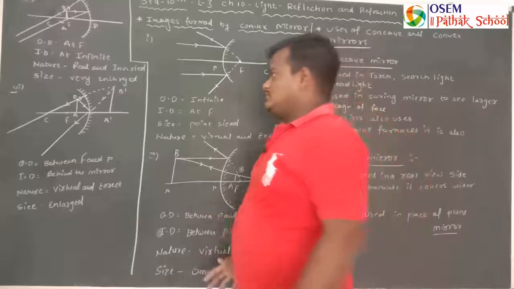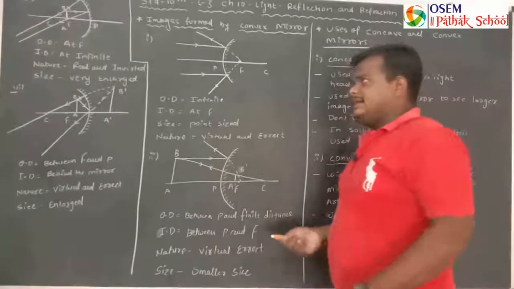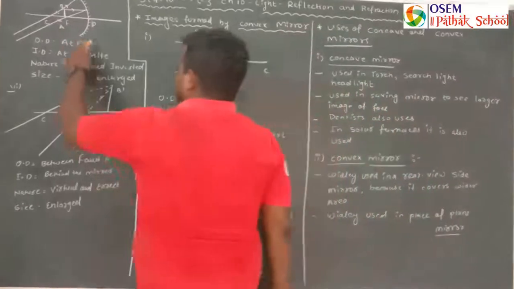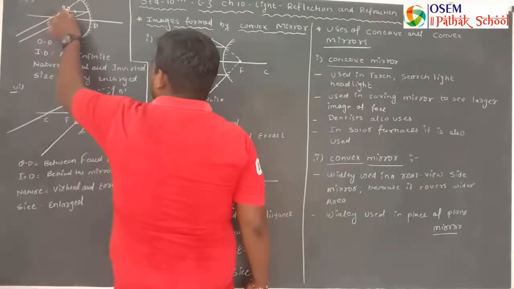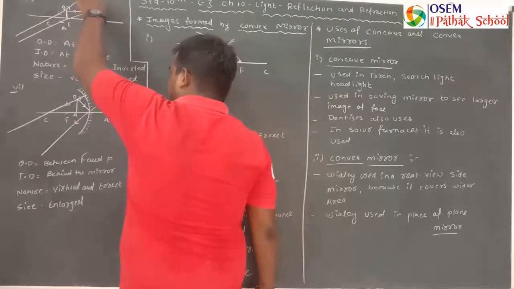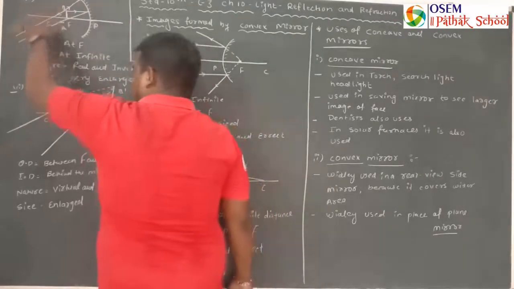What type of ray diagram should be made here? The first ray is parallel, and after being reflected it passes through the focus point.